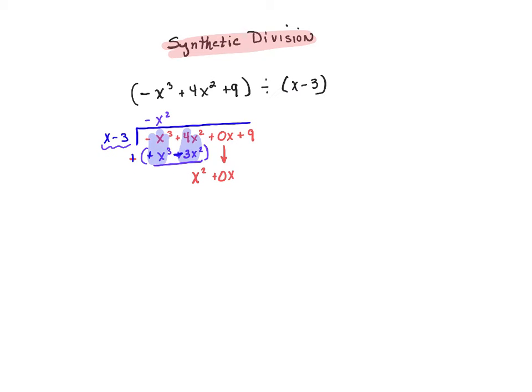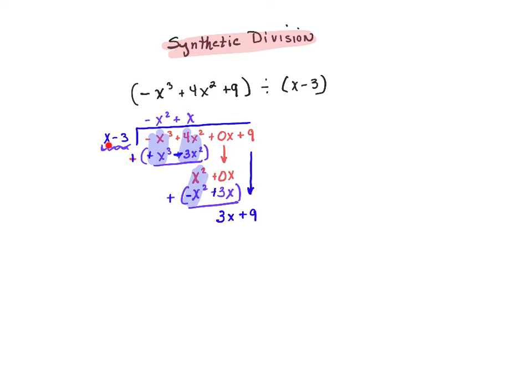I need to multiply by an x. So I put an x there, and then I distribute it times the x minus 3, giving me an x squared minus 3x. Strike a line, parentheses, subtract. So that means flip all those signs. And so my x squared and negative x squared, they add up to 0. And 0 plus 3x is 3x. And then I bring down the positive 9.